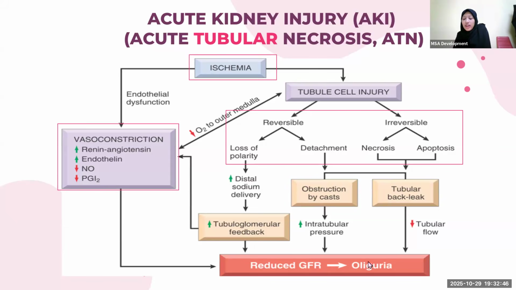So reduced GFR and oliguria. Oliguria means reduced production of urine because they are trying to compensate for the ischemia. Everything will go back up. So the urine produced will be very little, which indicates injury. It's not a good thing, right? Even if it's a defense. So it's better to treat it as fast as possible.